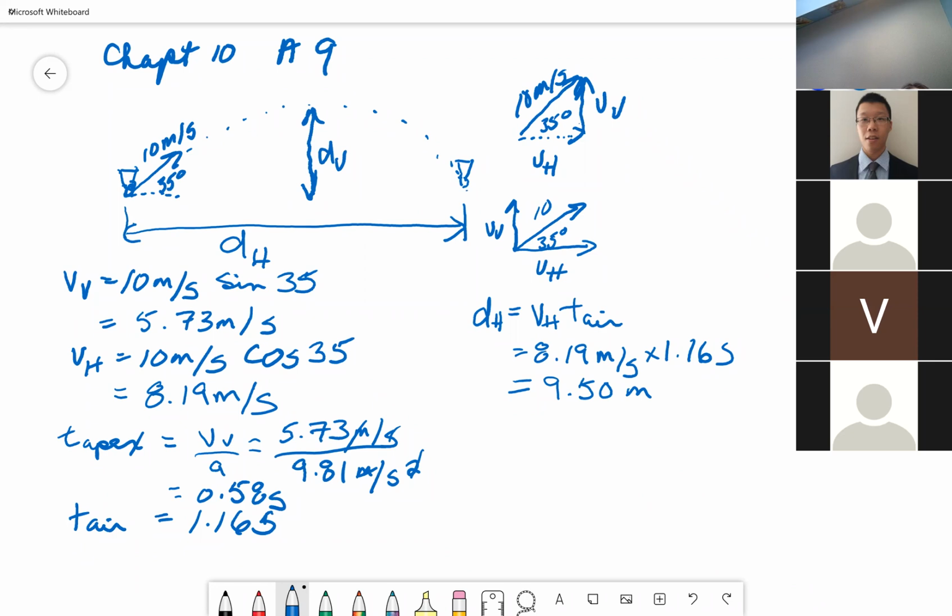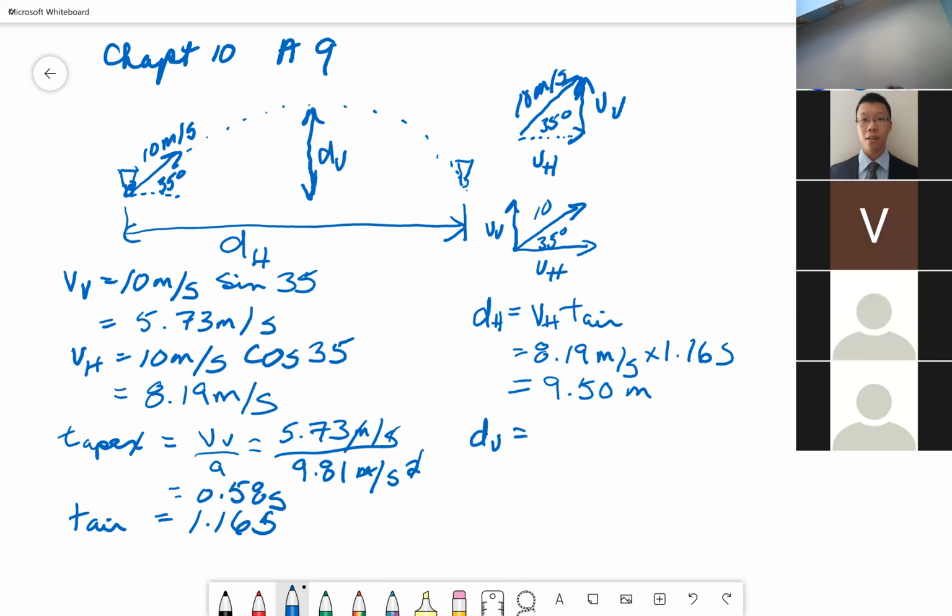And the vertical, so we're going to use, basically, there's a number of equations we can use here.